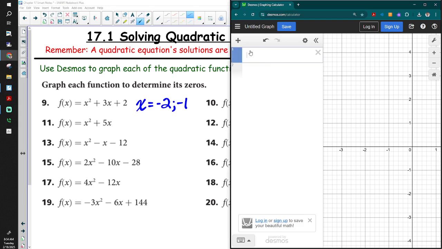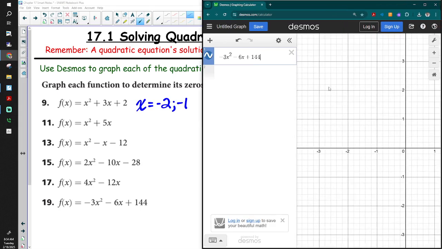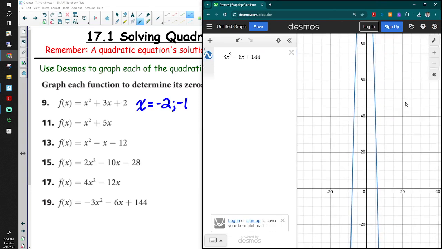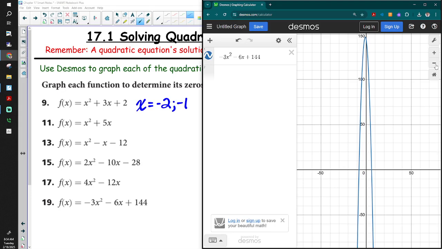I'm just going to do without it, because I like to do as little as possible. -3x squared minus 6x plus 144. Uh-oh, I can't see it, which means I probably have to zoom out. Look at how big it is. There's my big old parabola.